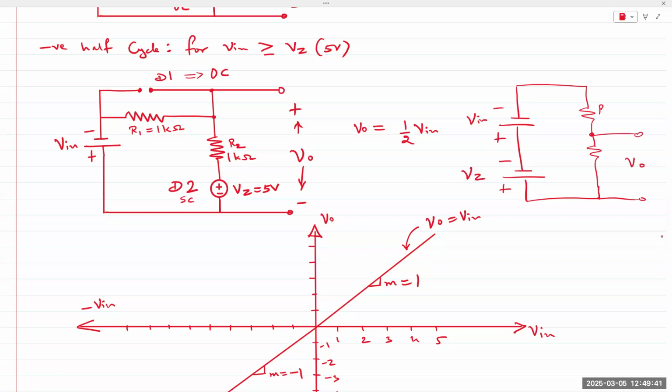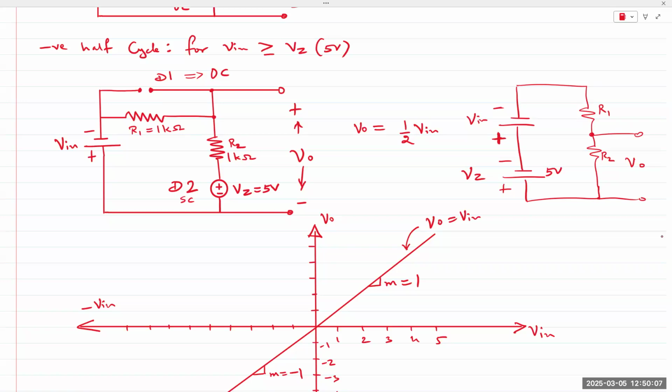So V out is here. Okay, so this is now 5 volts. So if V in is equal to 5 volts, that's 10 volts being applied. So V out is equal to V in.